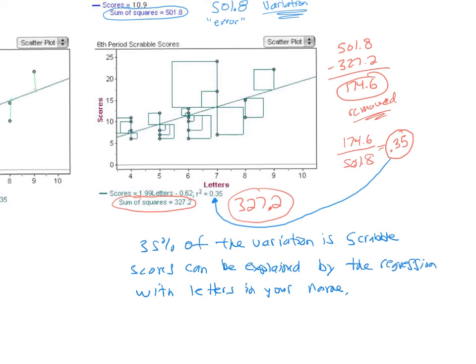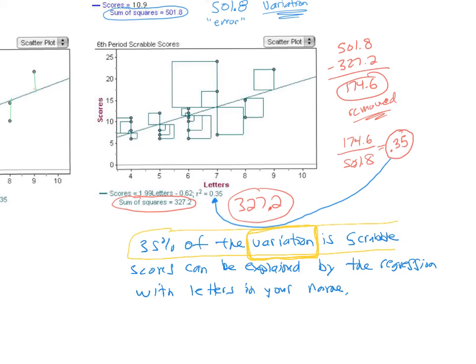Okay, and in AP Stats, what you really have to do is memorize this statement: r squared is the percent of the variation in the y values that is explained by the regression on the x values, okay? And they will literally use that word variation, okay? So that's the key word you're looking at.